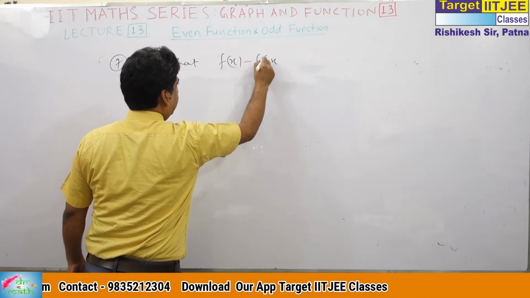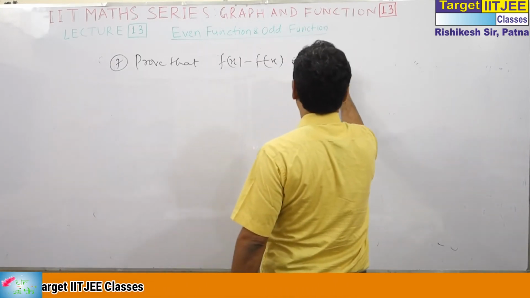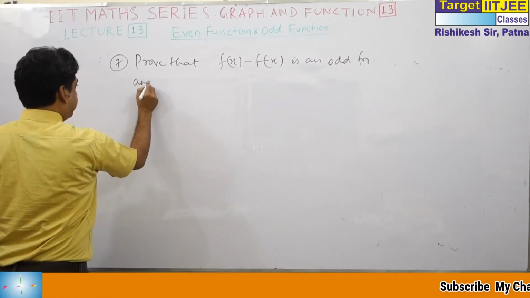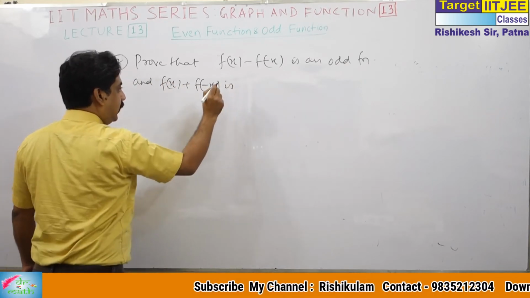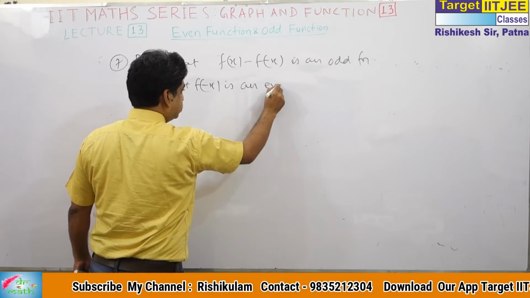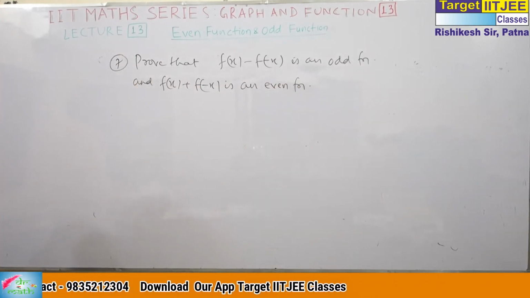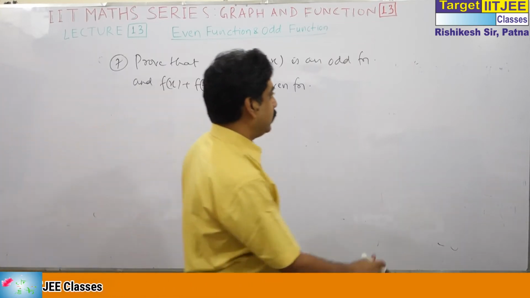fx minus f minus x is an odd function and fx plus f minus x is an even function. Now come to this property. You might get confused.